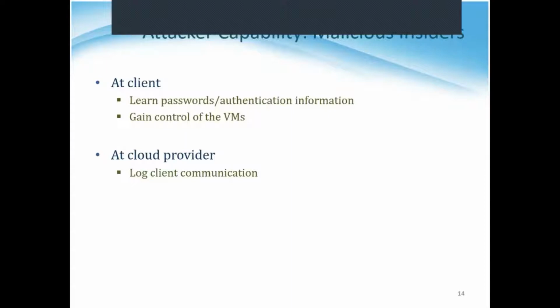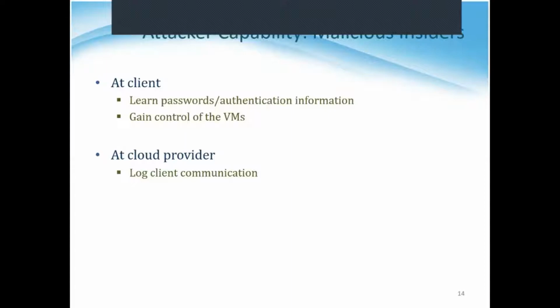If they share this meeting password, anybody can come inside and listen to what is happening in this meeting. A cloud provider logs client communication. The cloud provider knows how many emails you have sent and received, how much data you have deleted, what images you have uploaded, what videos you have downloaded.